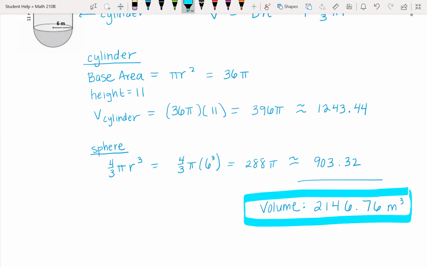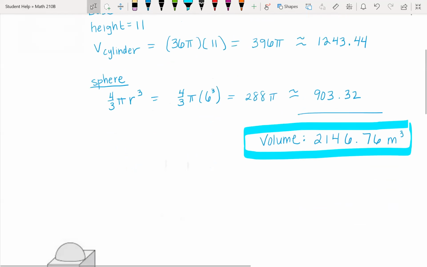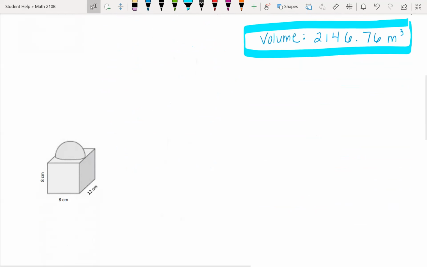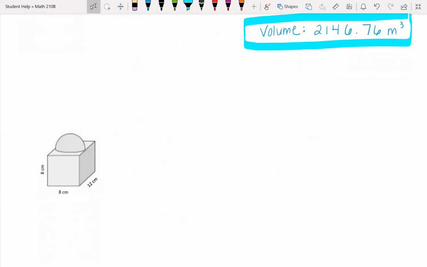All right, so that's our first example. For our second example, it looks like a rectangular prism, and it has half of a sphere, or half of a dome, sitting on top of it. So my total volume here is going to be a rectangular prism plus 1/2 of a sphere.